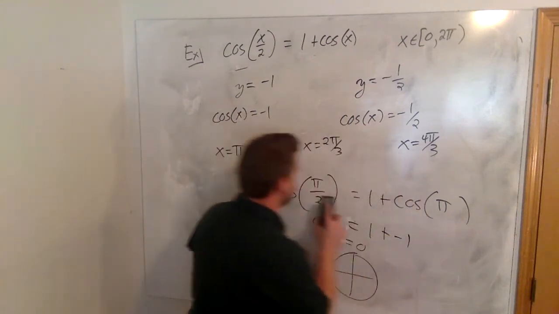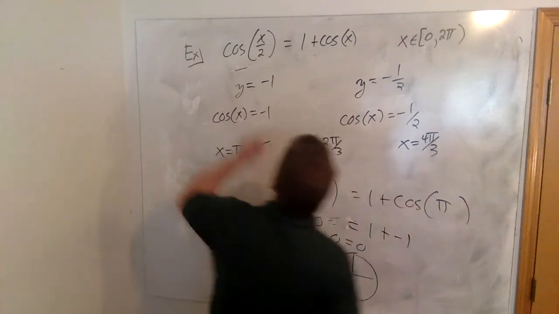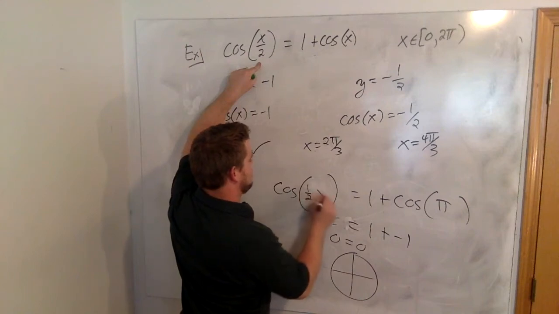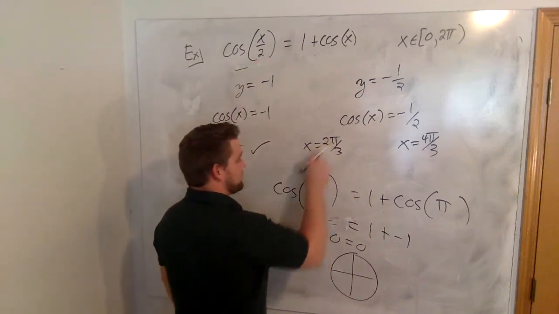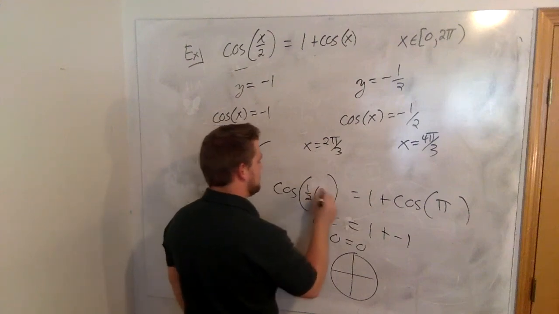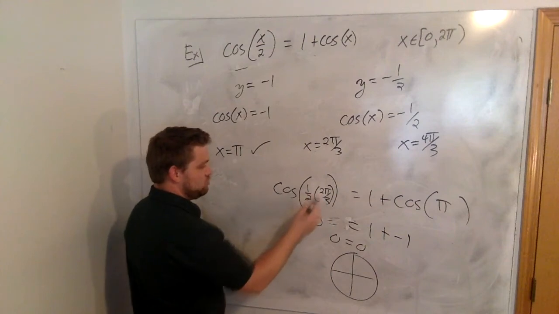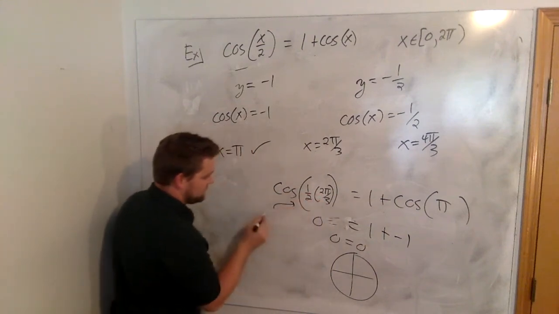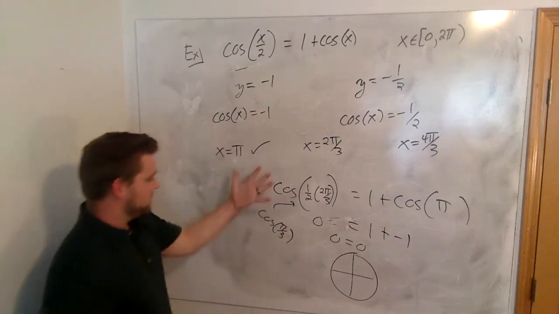Okay, let's check 2 pi over 3. If this x over 2 is throwing you off, think about it as 1/2 times x. So we're going to replace our x with 2 pi over 3. Notice that the 2's cancel each other out, so this will just be the same thing as cosine of pi over 3. What's cosine of pi over 3?